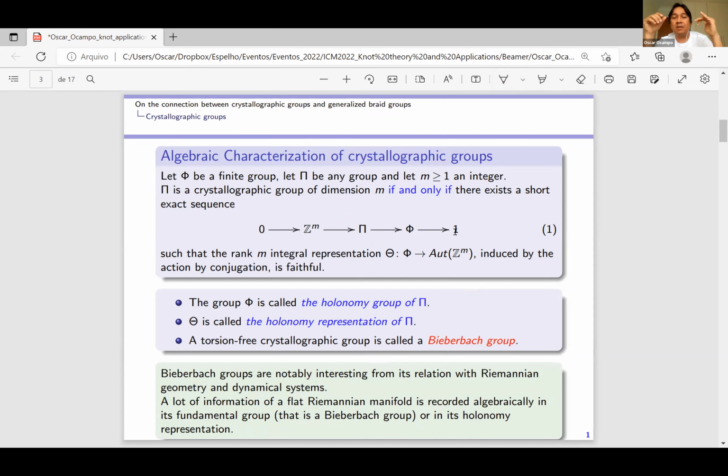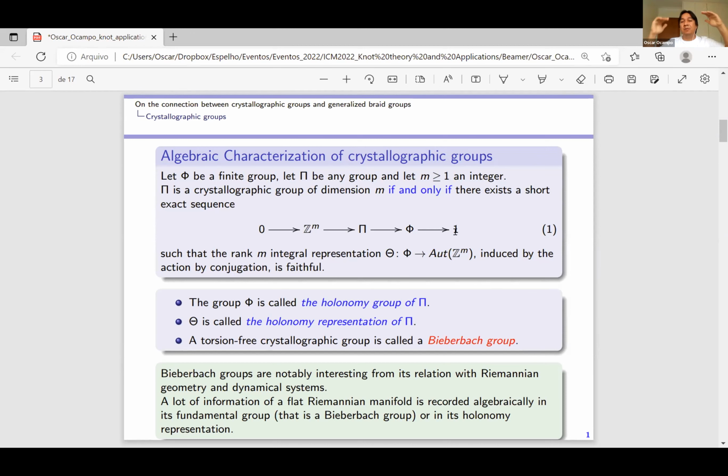Bieberbach groups are very interesting because from the Bieberbach theorems, you have a correspondence between flat Riemannian manifolds, meaning zero constant curvature, and the torsion-free crystallographic groups. There is a bijection via the fundamental group: up to isomorphism for the torsion-free crystallographic groups, and up to diffeomorphism for the flat Riemannian manifolds.